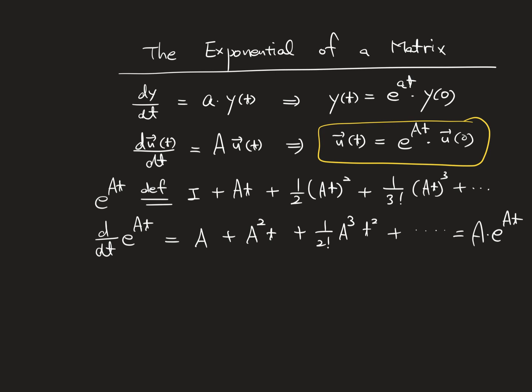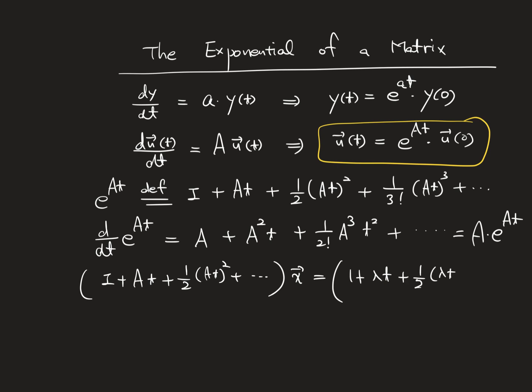In this case, when we multiply (I + At + (1/2)(At)² + ...) by the x vector, we get (1 + λt + (1/2)(λt)² + ...) times the x vector.